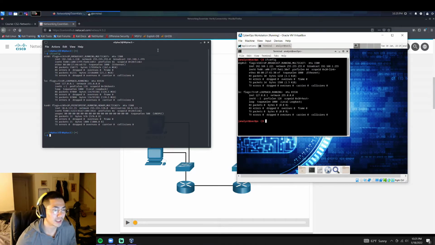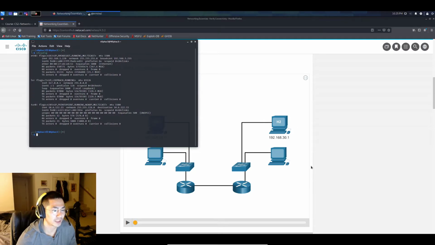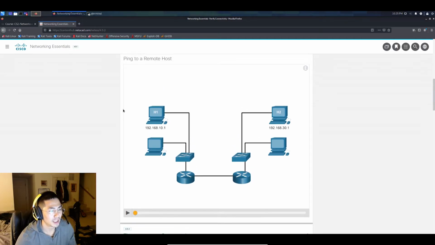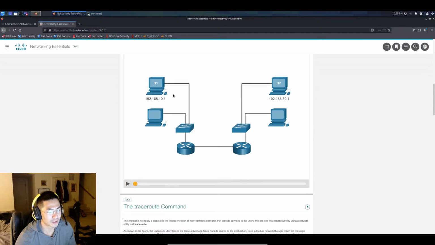So if I want to test, let's say for example, host 1, my Kali machine, and I want to test, can I connect? Well, in this example, they're in two different networks.